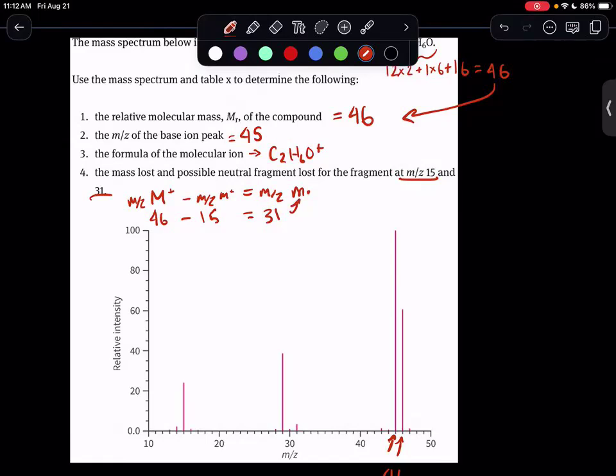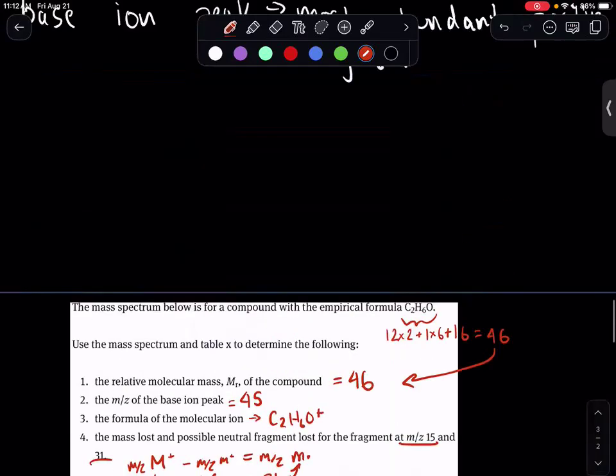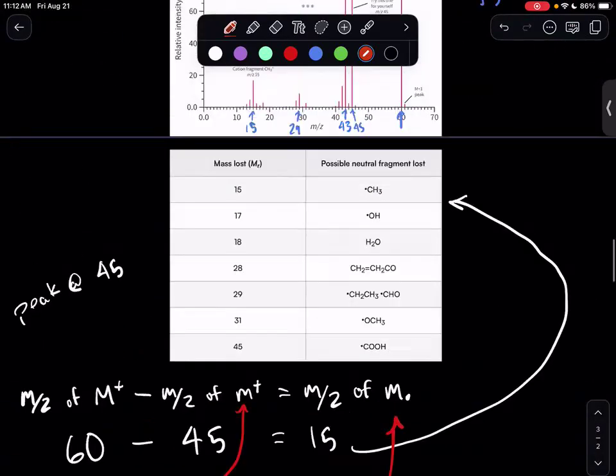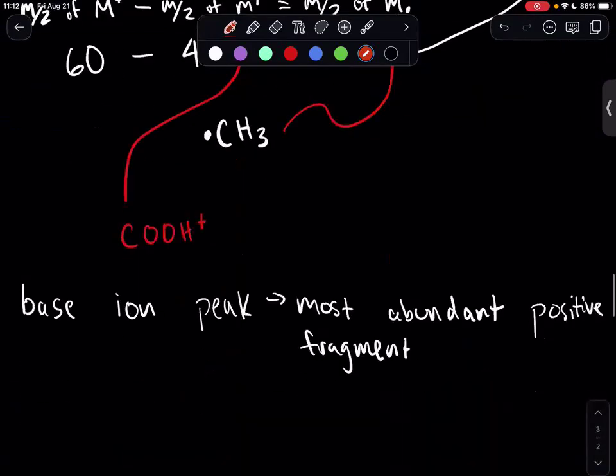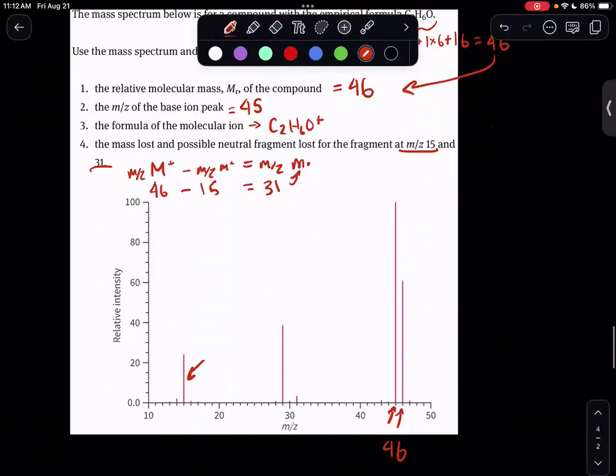So that's going to be the mass of my neutral fragment for the peak at 15, meaning this peak. Therefore, my neutral fragment is likely OCH3. So that's OCH3 at m/z 15. That is the neutral fragment.